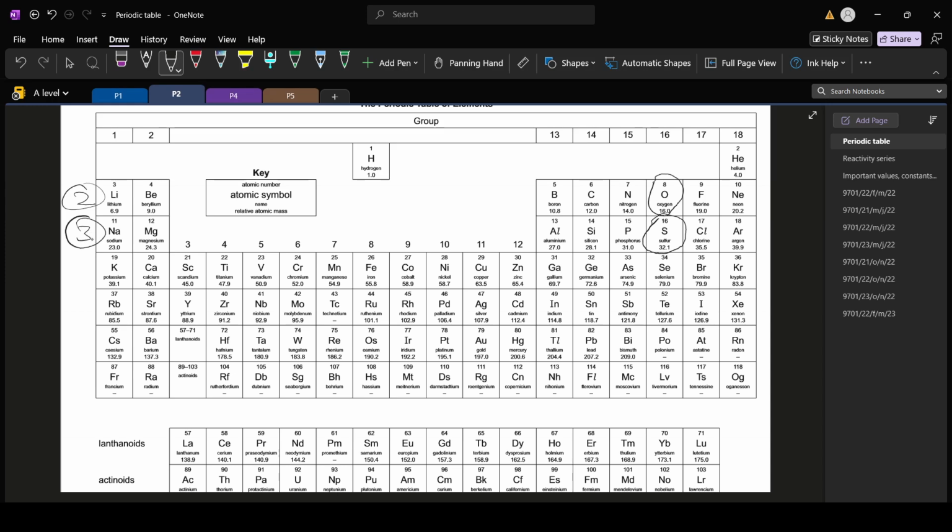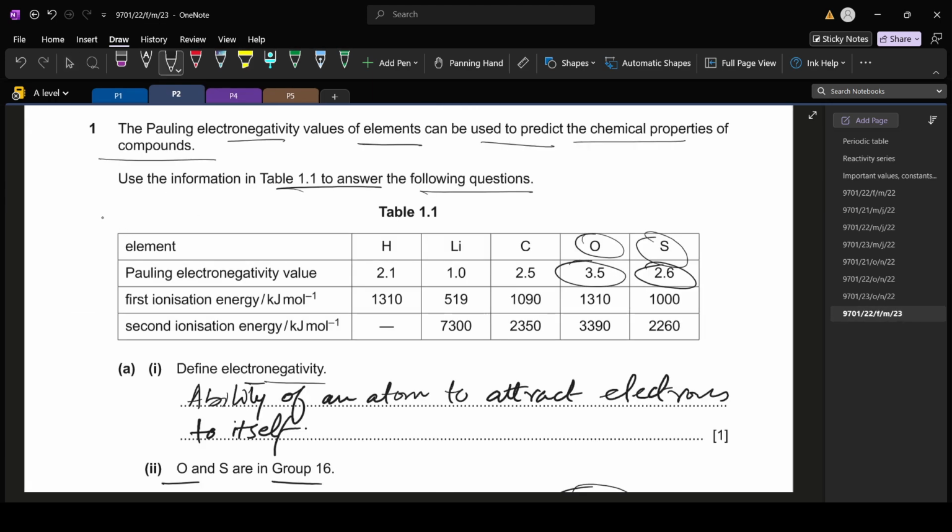So the ability of the nucleus to attract the electrons will decrease because there is more space or distance between the nucleus and the outer electrons. Let's say this is the nucleus and this is the outer shell in oxygen, and this is the nucleus of sulfur and the outer shell of sulfur is like this.